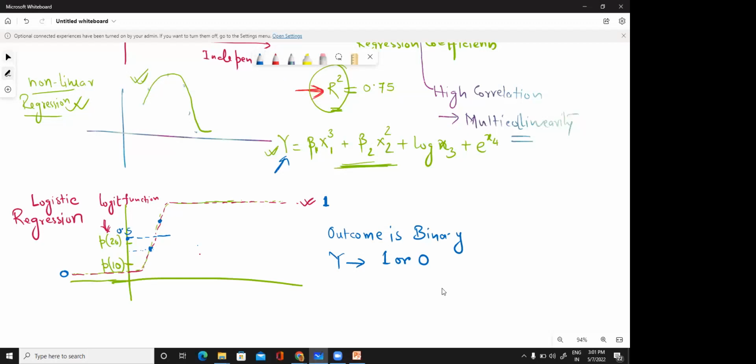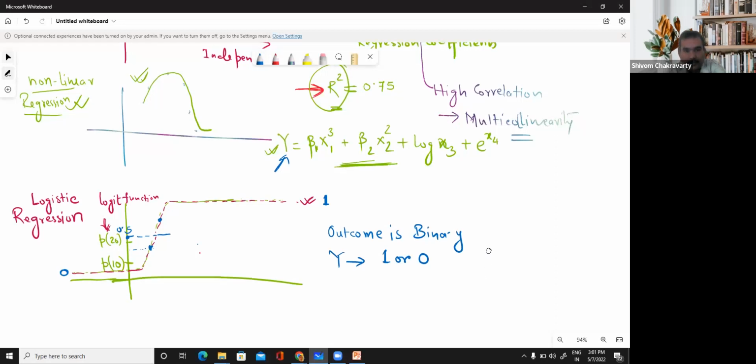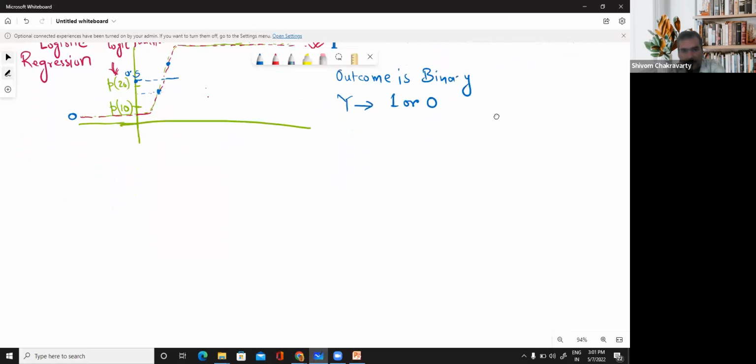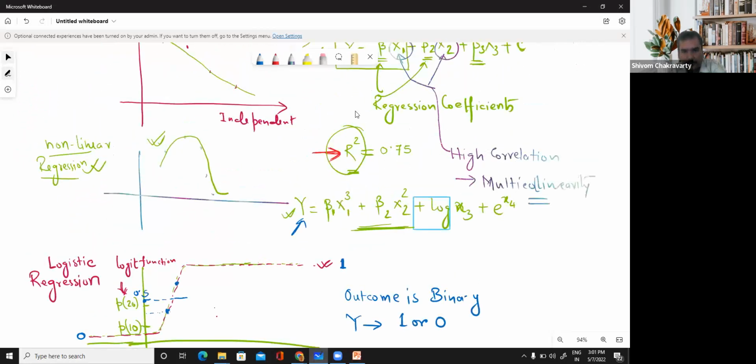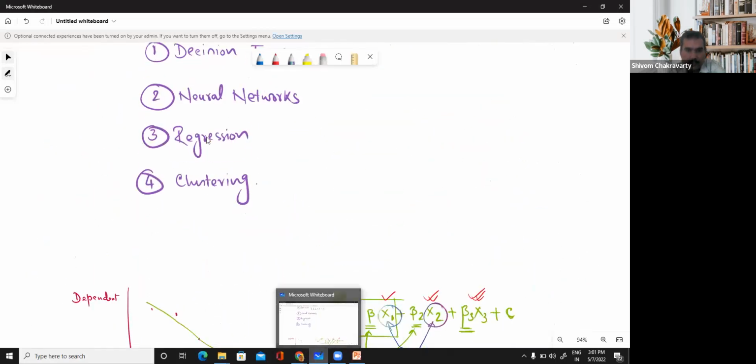So linear regression, non-linear regression, and logistic regression. That was about regression. Now, what is next? Regression we have seen.